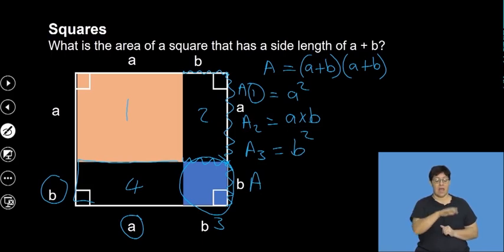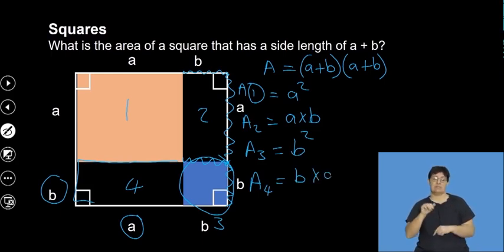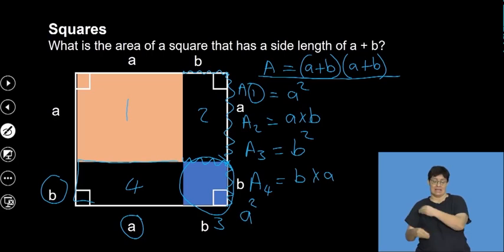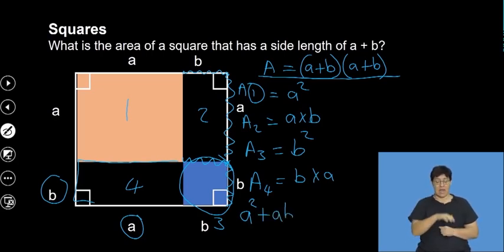And area 4 is a rectangle, so it will be b multiplied by a. So what does this tell us? This tells us that if we want to find the area of the whole shape, we must add areas 1, 2, 3, and 4. That will give me a squared plus ab plus b squared plus ba.